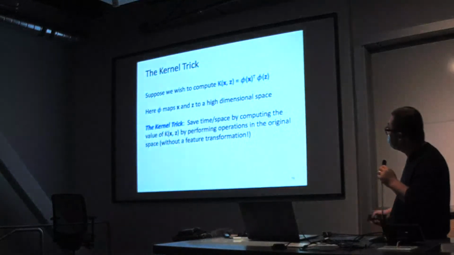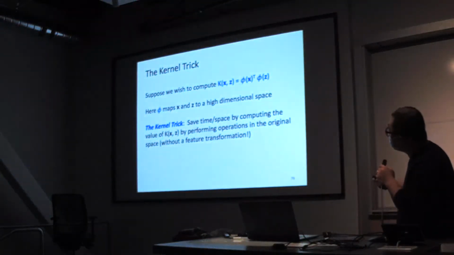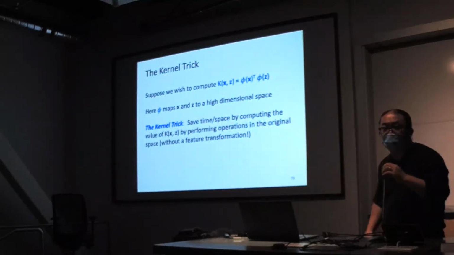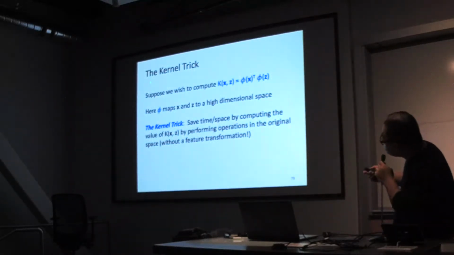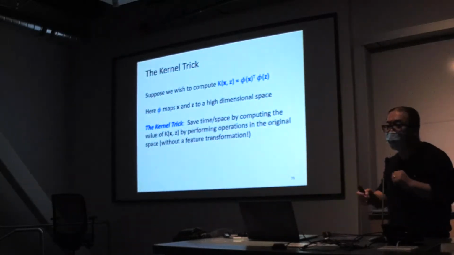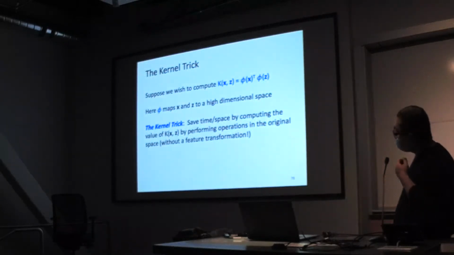All right. So now, here's a slightly more formal definition of the kernel trick. Suppose we wish to compute a function k of two arguments, which is the dot product after mapping x and z to some new feature space.